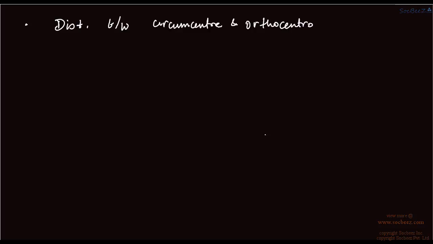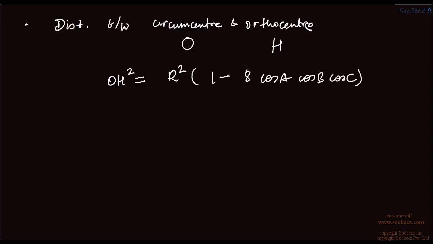Always remember circumcenter is denoted by O. This is denoted by H. Okay, so OH square, I'm just writing the formula, R square, it's sometimes also useful, times cos A, cos B, cos C.